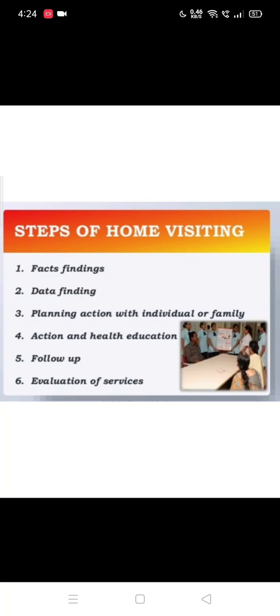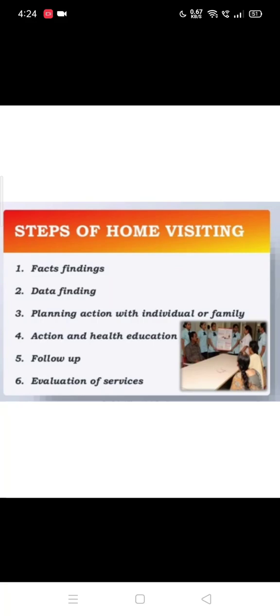Think about one patient who has diabetes. So you are going to plan how to control and maintain the health of that patient in their family, with that individual as well as with the family members. This is the planning action.